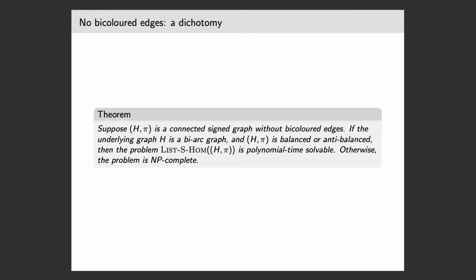Suppose HP is a connected sign graph without any bicolored edges. If the underlying graph H is a bi-arc graph and HP is balanced or anti-balanced, then the problem list S-hom-HP is polynomial time solvable. Otherwise, the problem is NP-complete. This was proved by carefully combining the existing results for non-sign graphs.